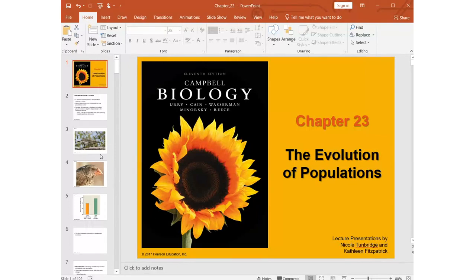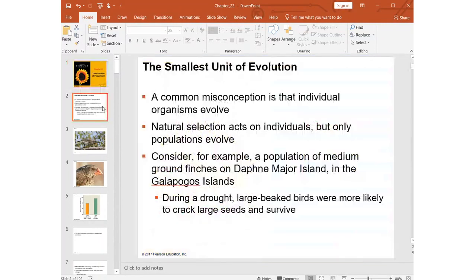So anyway, to jump right in, talking about evolution and the smallest unit of evolution. What is the smallest unit of evolution?